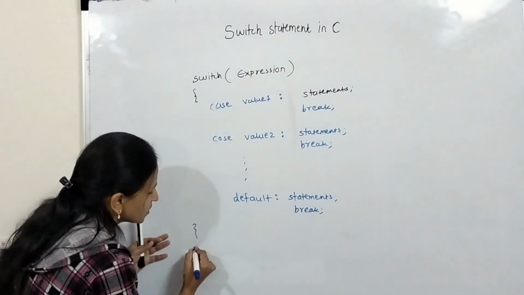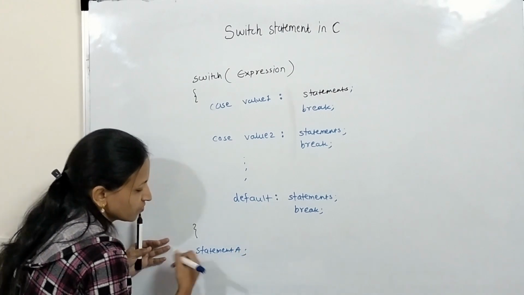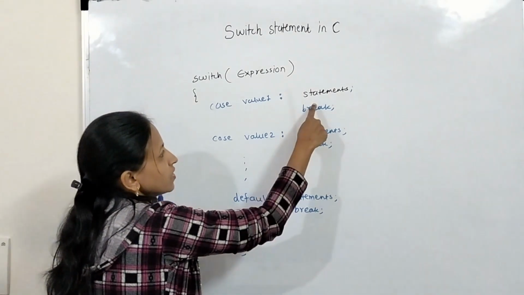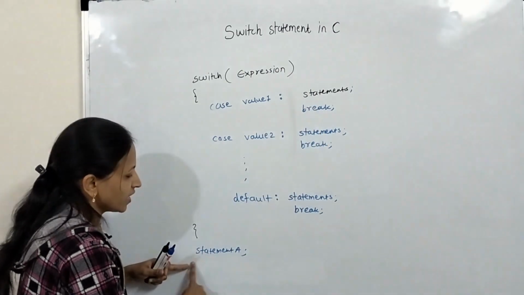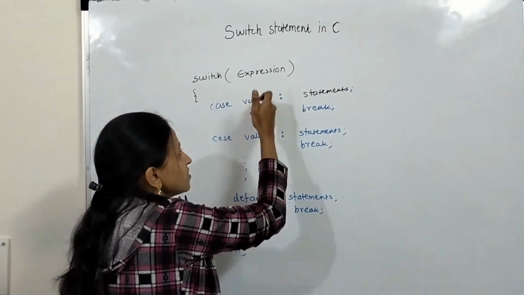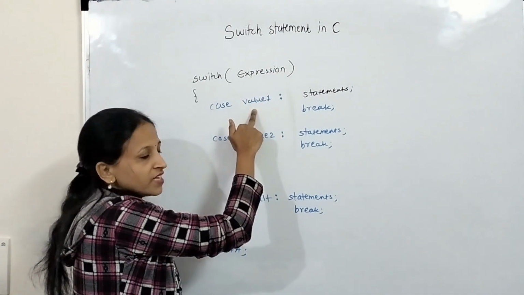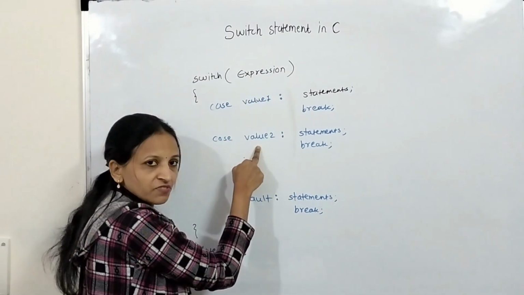Means here suppose there is any statement after that, let statement A, anything, we can write anything. Now here after execution of these statements, control will directly come here and this statement A will get executed. Now suppose this is not matching with value 1, then again it will come here, will check whether expression's value is matching with value 2.